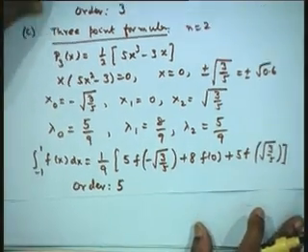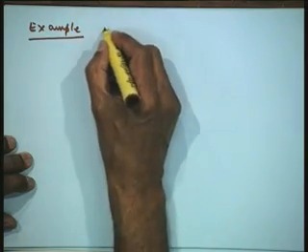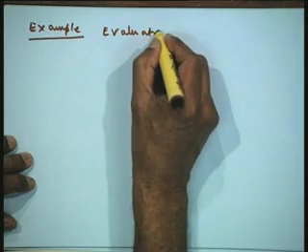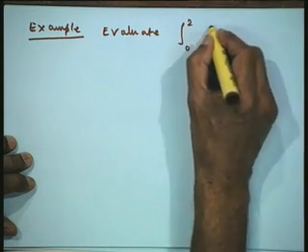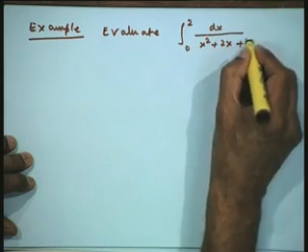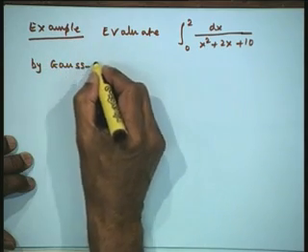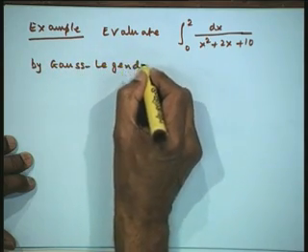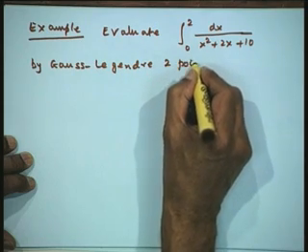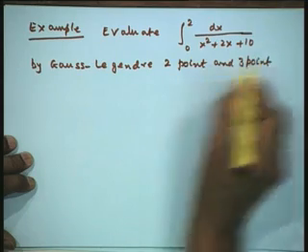Now, let us illustrate this through an example. Let us take an example. Evaluate integral 0 to 2 dx upon x square plus 2 x plus 10 by Gauss Legendre 2 point and 3 point formulas.